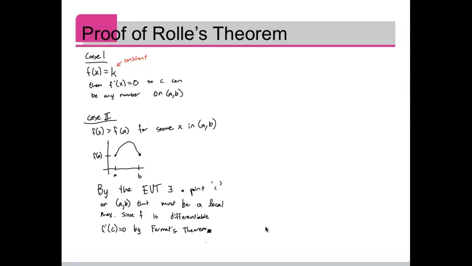And then the final case would be case 3. And that would just be sort of the opposite, right? Where f of x is less than f of a for some x on the interval a to b.